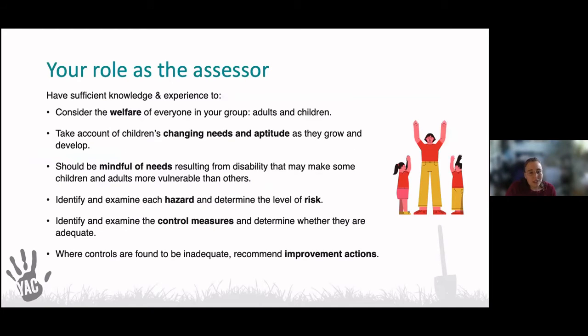And it does lead on to what your role as the assessor of that risk is. Because you are considering the welfare of everyone in your group. That's thinking about yourself and other volunteers as well as the members. Taking into account the changing needs and aptitude as the members grow and develop. So Janet's example, they're 11, 12-year-olds.